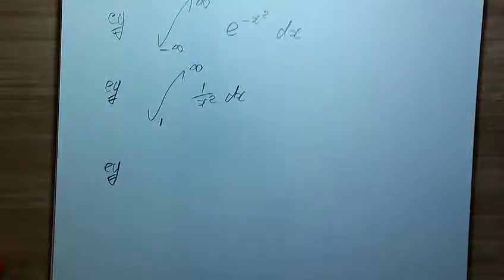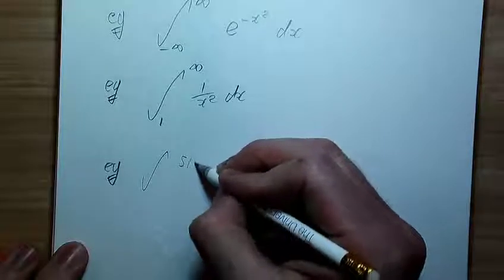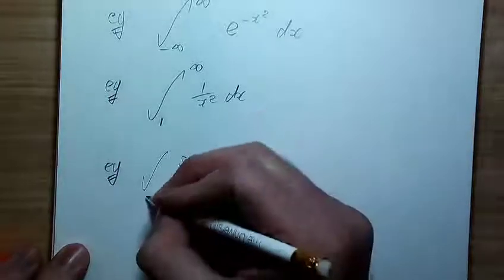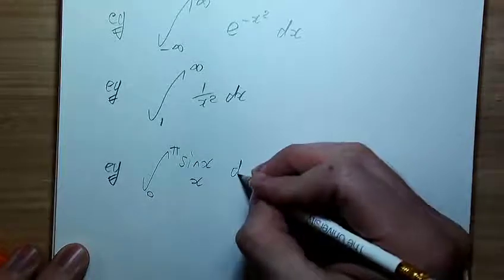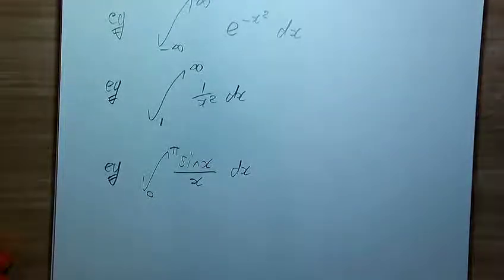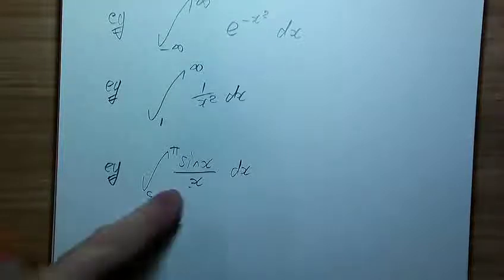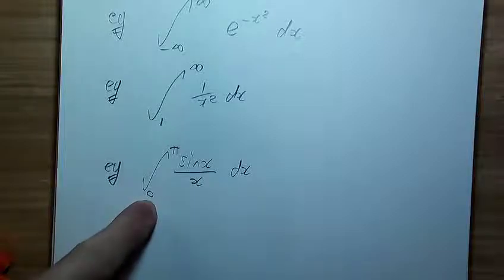And there's ones that don't involve an infinity, which are also improper integrals. So something like that. The reason this one's improper is that this function isn't actually defined when x is 0.